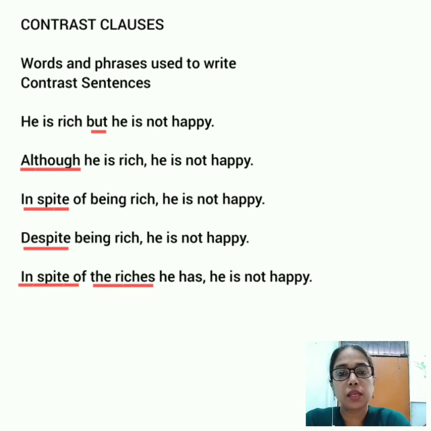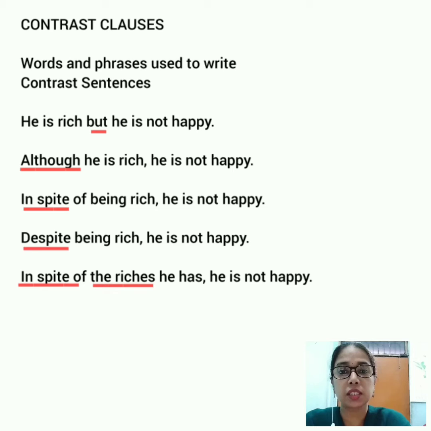Contrast sentences can be written using various words and phrases, but the most common word used is but. Like for example, he is rich but he is not happy. So here the word but has been used, and the two clauses you can see, he is rich, he is not happy. They are contrasts.